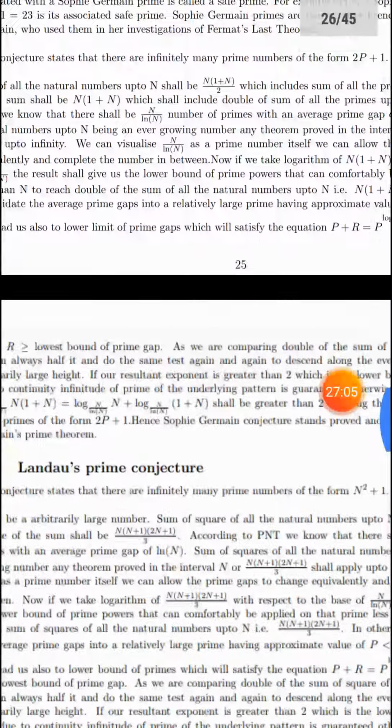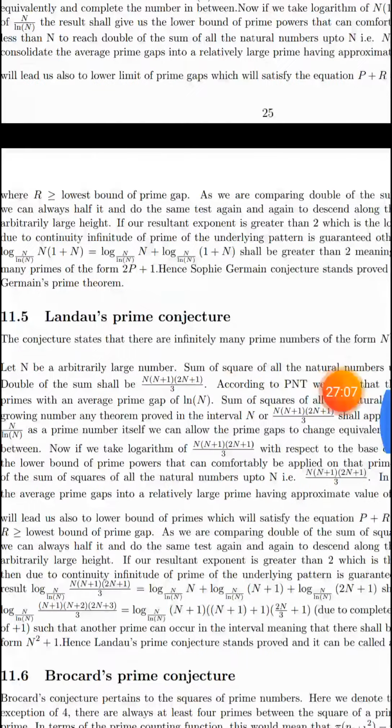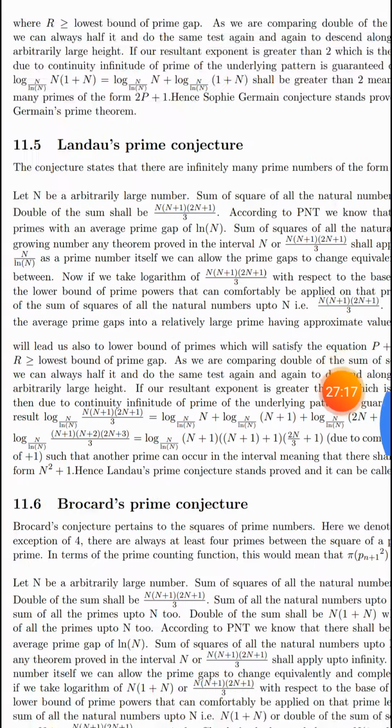We will take a big number n, then we will take the square of all the natural numbers up to that n, we will add them up and we will multiply the end result by 2.